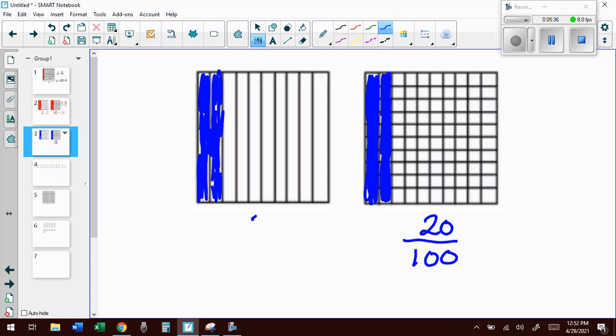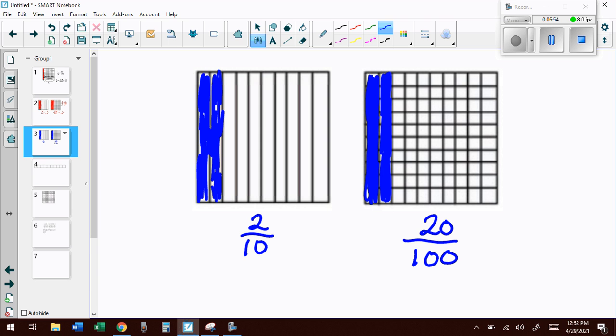So here I have 2 tenths, and you can see, looking at our area models here, that they look identical, except one is cut into 100 pieces, and the other is partitioned into 10.